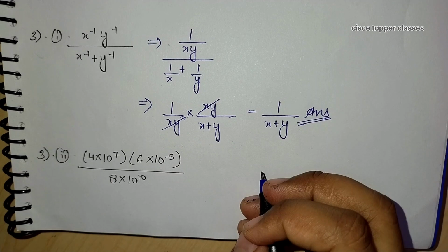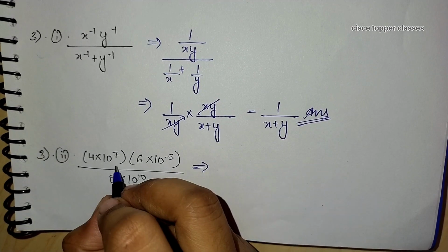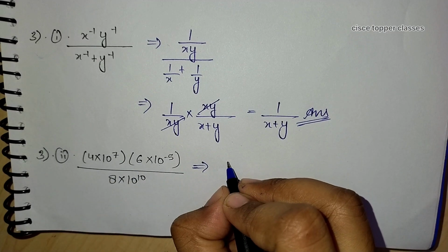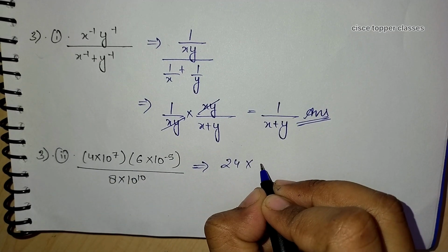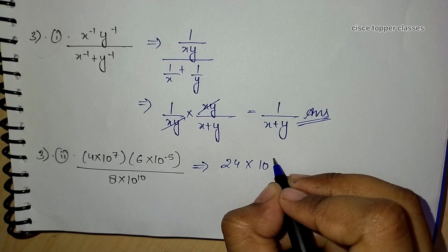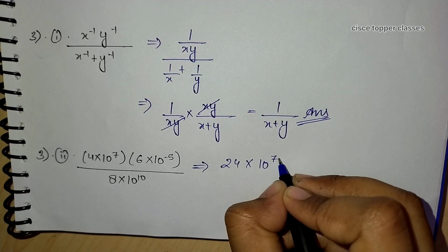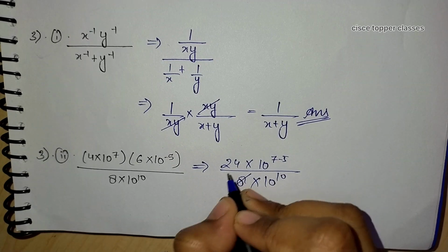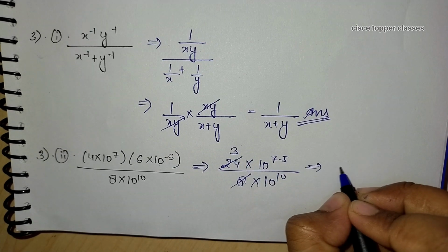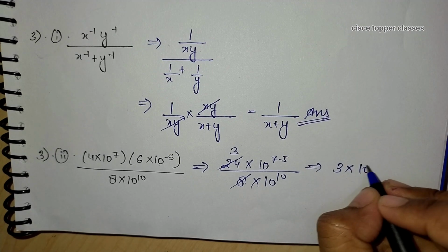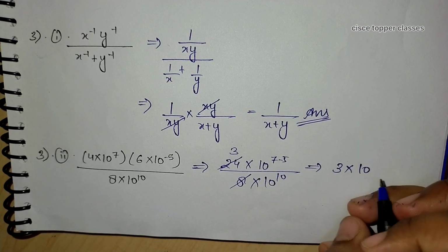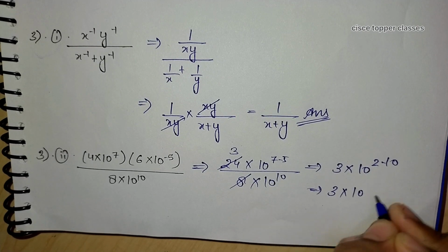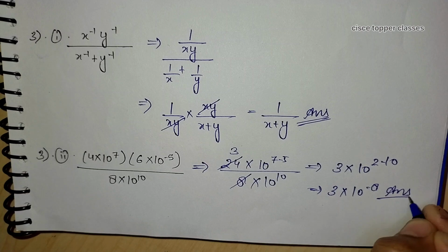On solving this, we can write 4 into 6 as 24 into 10 to the power 7 minus 5, divided by 8 into 10 to the power 10. This will be cancelling out, and here we will get 3 into 10 to the power 2. On subtracting 2 minus 10, again we will get 3 into 10 to the power minus 8 as the answer in this question.